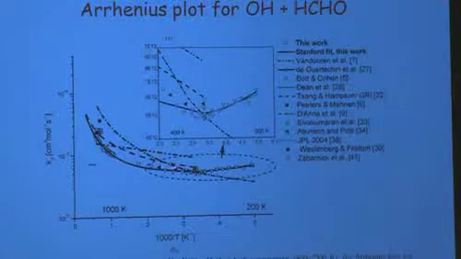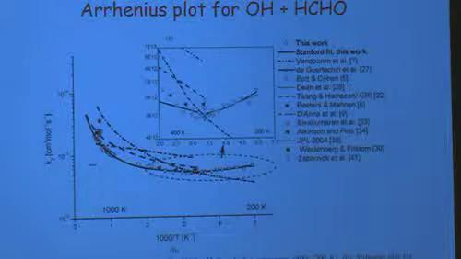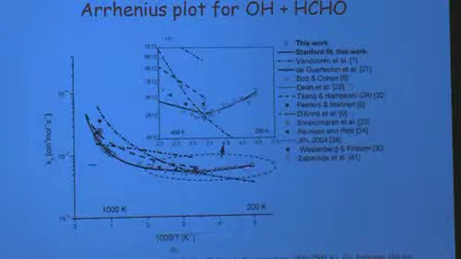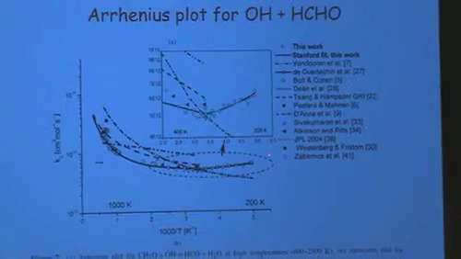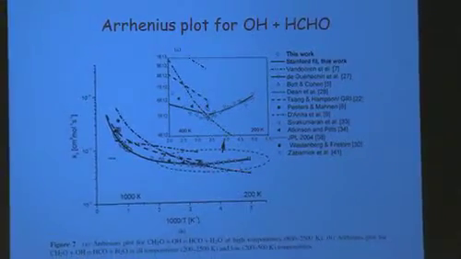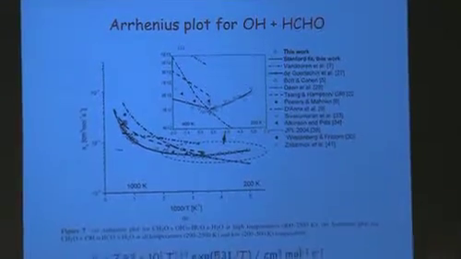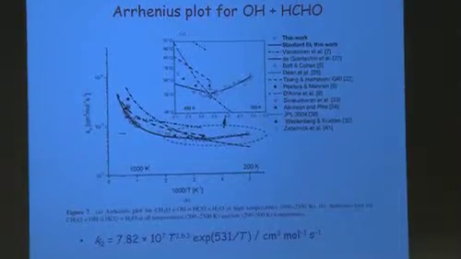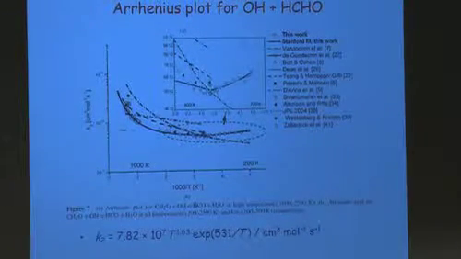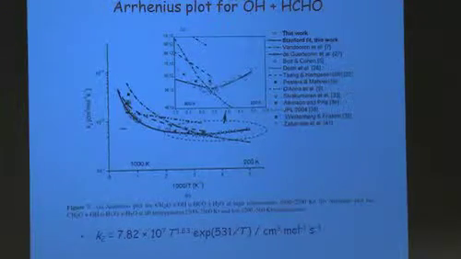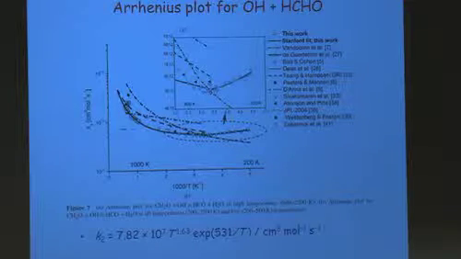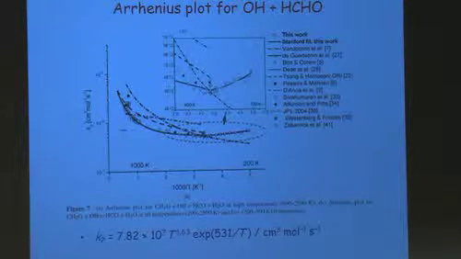If you use these data down here, then the rate coefficient is well defined over a range of temperatures. But you can see that there are other measurements that have been made which give rise to really quite different values. And this is where data evaluation comes in, and we'll talk about that on Wednesday.